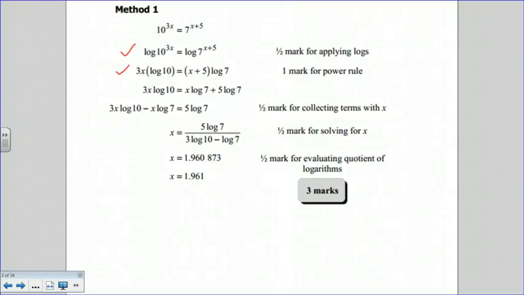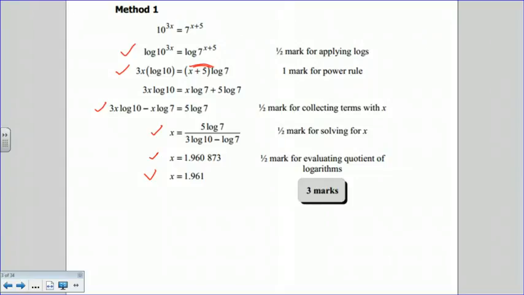You get nothing for distributing the x forward. We get half a mark for moving all terms involving x to the left. We have to factor out an x, and that leads us to this step where x is isolated, so they don't actually give any marks for the factoring part. And a half mark for using your calculator properly, and half a mark for rounding.